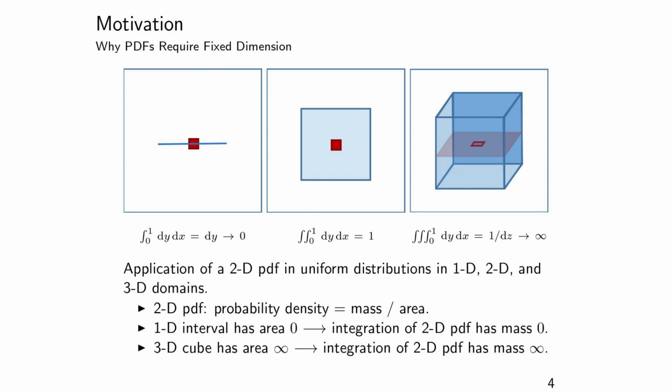And in the 3-dimensional example on the right-hand side, doing a triple integral of this 2D PDF, we would have to insert the third infinitesimal for the z direction, and then divide that back out again, gives us a result of 1 over d of the infinitesimal in z, which tends to infinity.